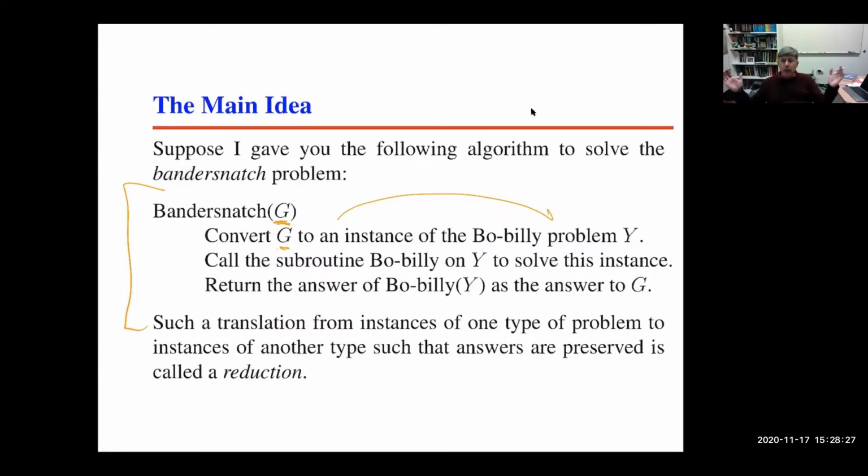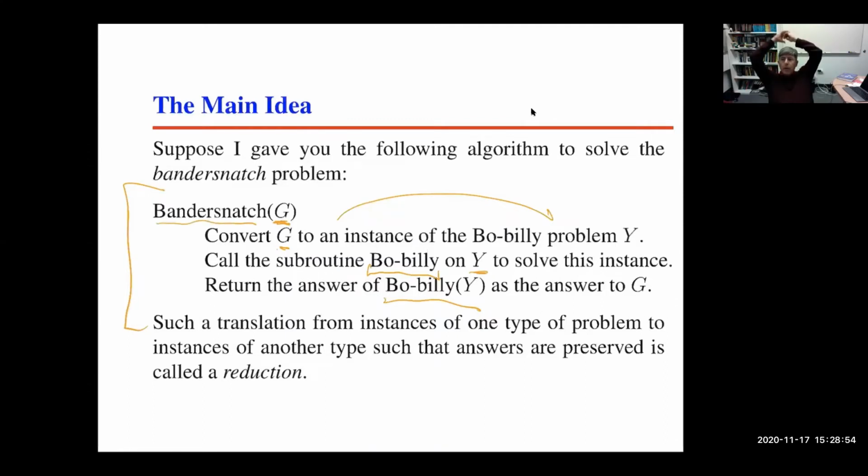Maybe it's minimum spanning tree. Who knows what it is? Okay. Then we call a mobility solver, a subroutine for solving mobility problems, on this new translated input Y. And we return the answer, mobility of Y, as the answer to Bandersnatch of G.